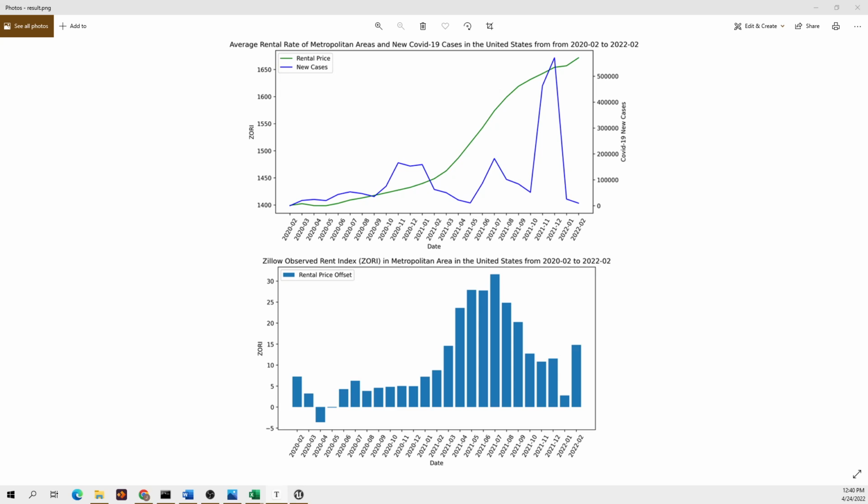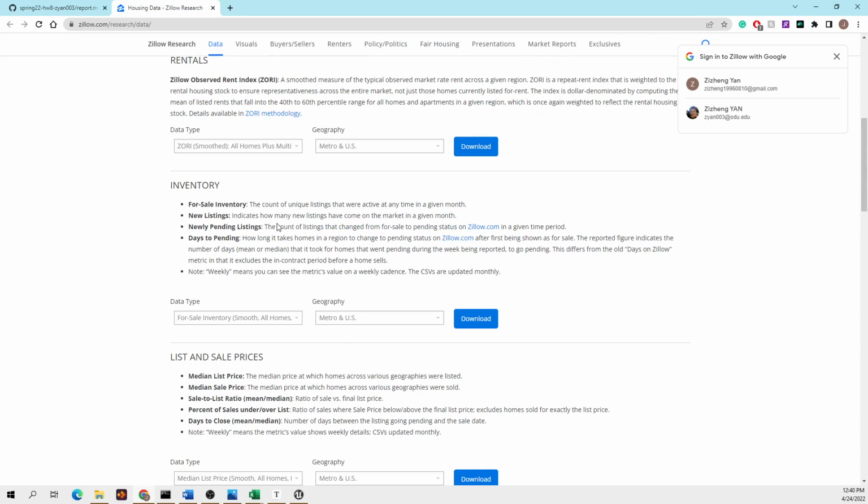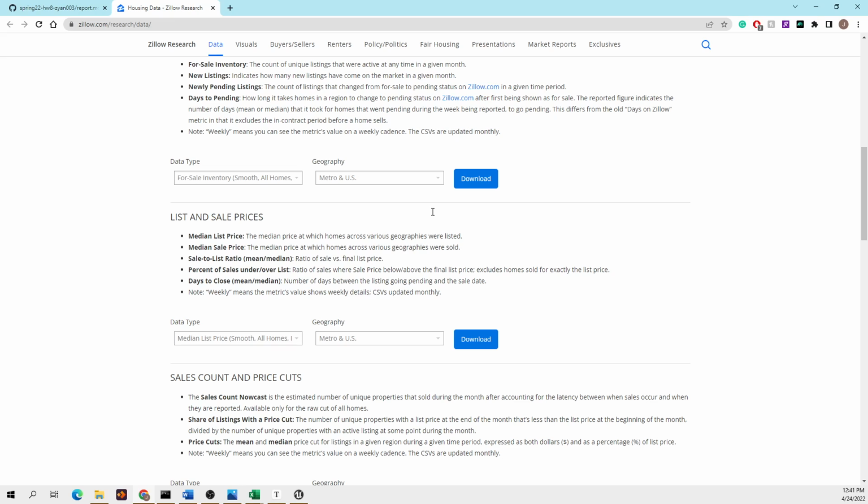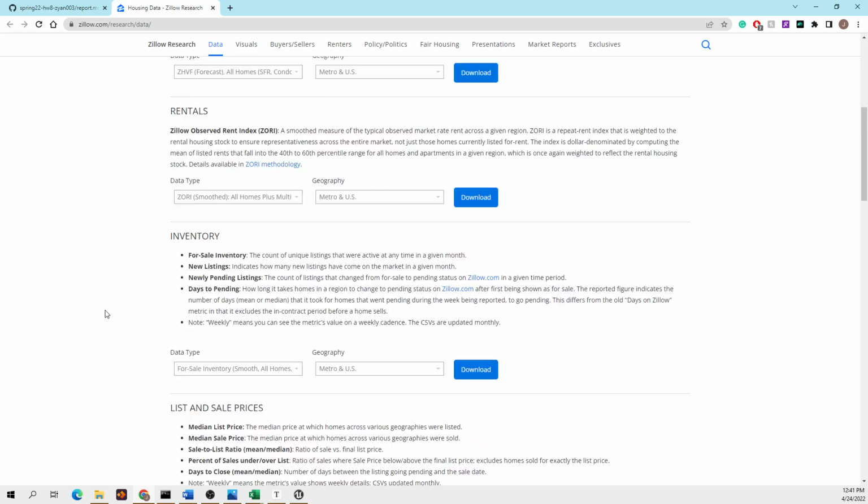I use the data from Zillow, a very popular website that provides information on the sales of apartments and houses in the United States.